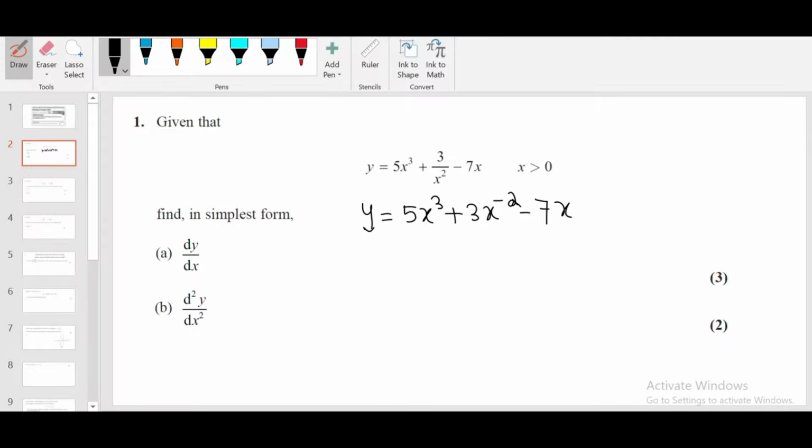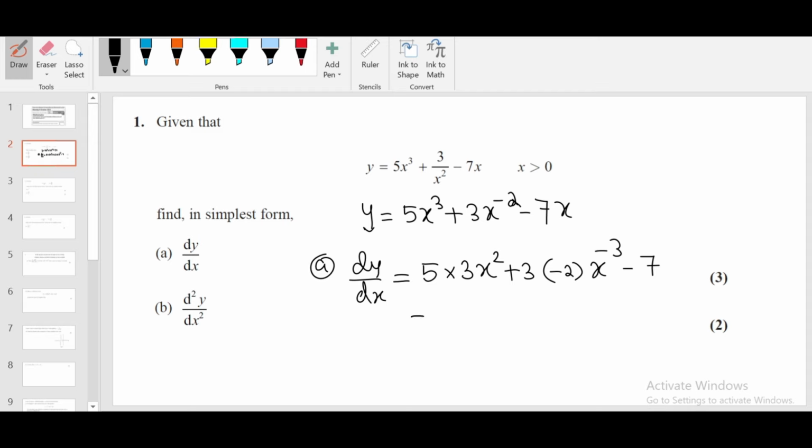Now part A, dy over dx, it's a 3-mark question. 5x cubed, the derivative of x cubed is 3x squared, and then plus 3x power minus 2 becomes minus 2x power minus 2 minus 1, and minus 7x becomes 7. So this is basically 15x squared minus 6x power minus 3 minus 7. That's all. You don't have to write this as 6 over x power positive 3. You can leave it like this.